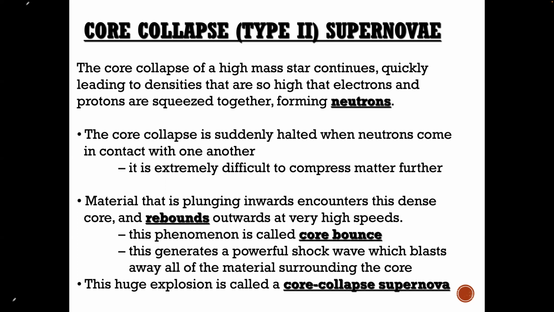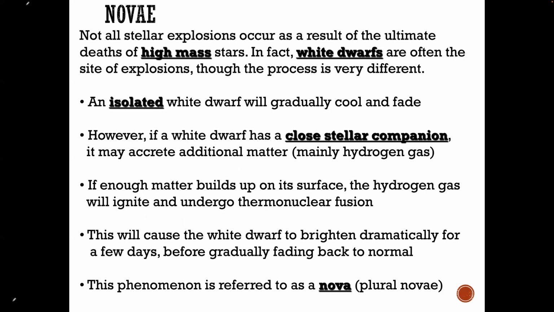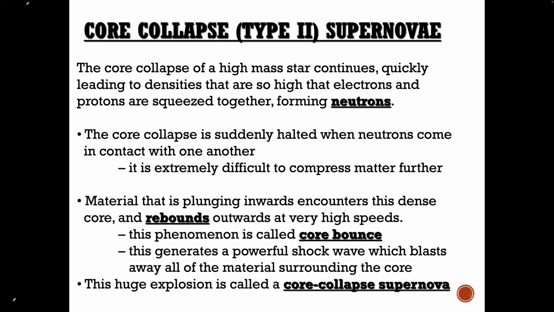And after this supernova explosion, you will have this dense neutron core remaining at the central region, and all the other material surrounding it will be blasted away because of this process, right? And this particular process is what we call a supernova explosion.